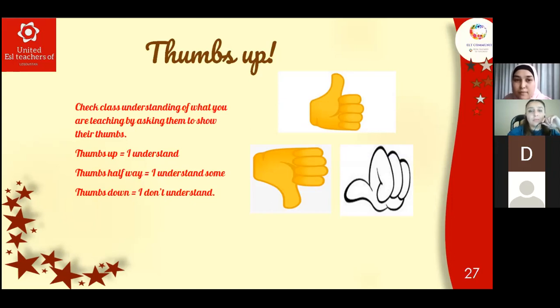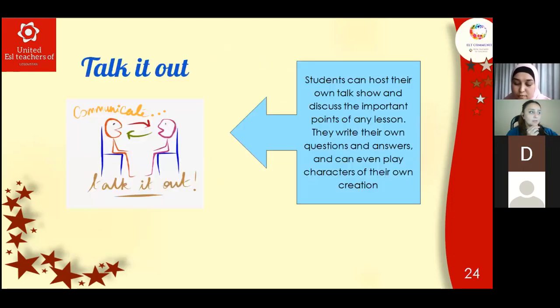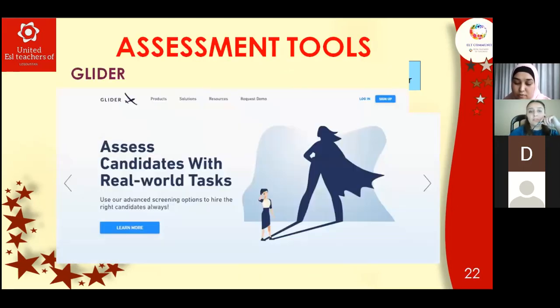And for Glider, as Ms. Khushnama mentioned, this is an interaction of real life tasks. Once you have finished creating one, while creating another type of assessment, you need to delete the previous one.